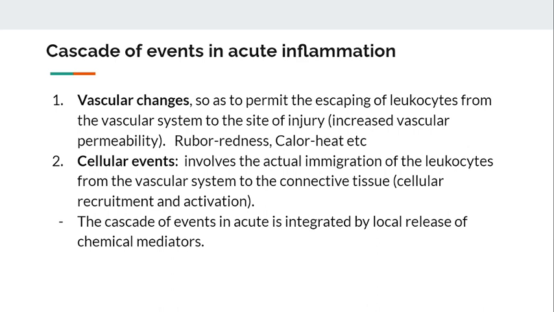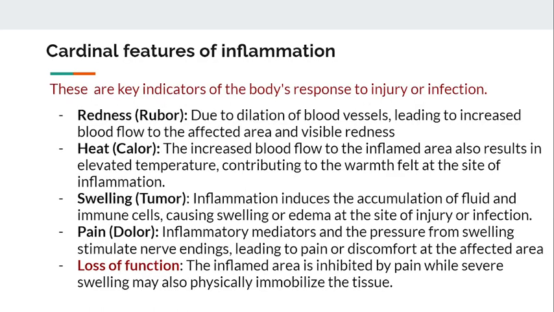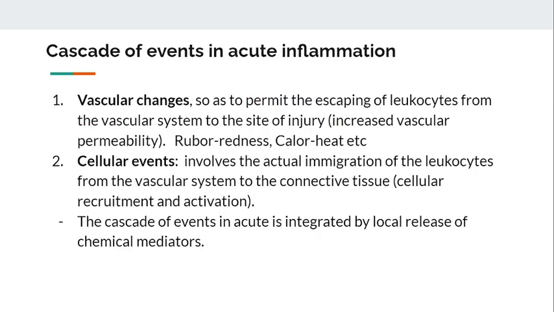Okay, so cascades of events that happen during acute inflammation. So there's a series of events which happens. We have talked about the dolor, we have talked about the tumor, we have talked about rubor. So those cascade of events, these fall under vascular changes of inflammation.